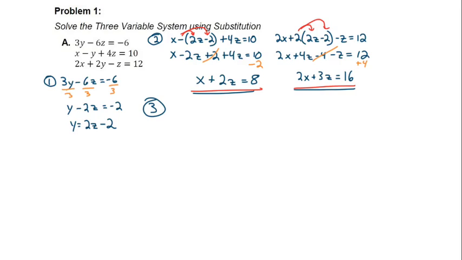Instead, I'm going to solve for this x over here because it's already by itself. So here we go. We're going to take x plus 2z equals 8. Move the 2z over. X equals negative 2z plus 8. And look, x is alone. Now I can take this and plug it in right there.